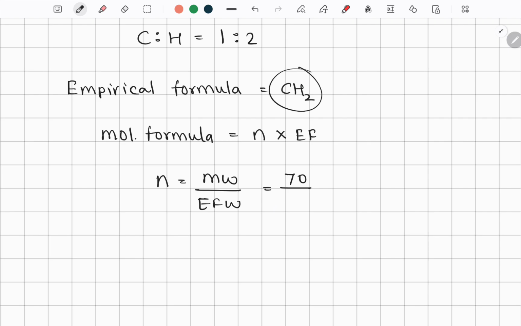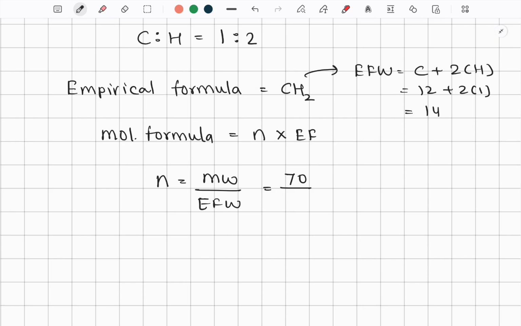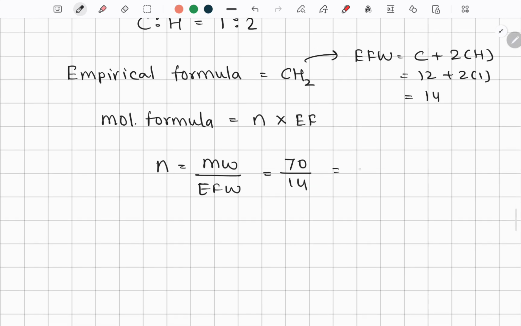As we have the empirical formula, we can calculate the empirical formula weight from it. So the empirical formula weight is equal to 1 carbon plus 2 hydrogen, which is 12 plus 2 into 1, which is 14. Therefore the value of n becomes 5, since 14 fives are 70.